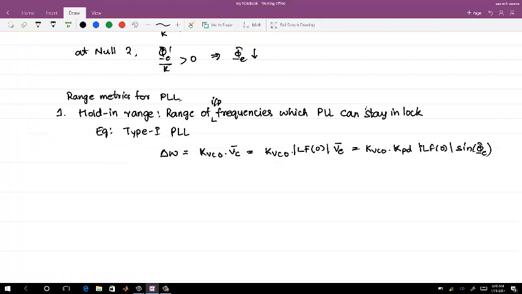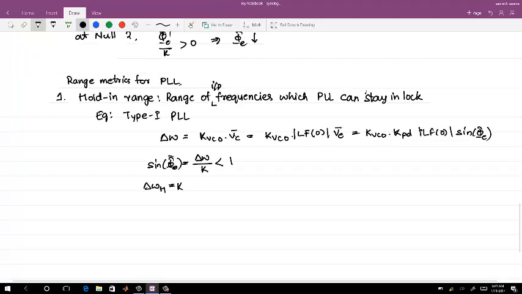So here, until the frequency range delta omega by K is less than 1, I can always have a voltage somehow such that I can hold the PLL in lock. So the hold-in range for type 1 PLL, in this architecture, is equal to K.